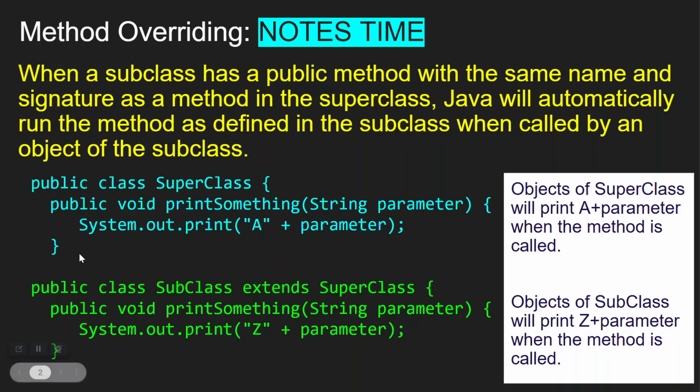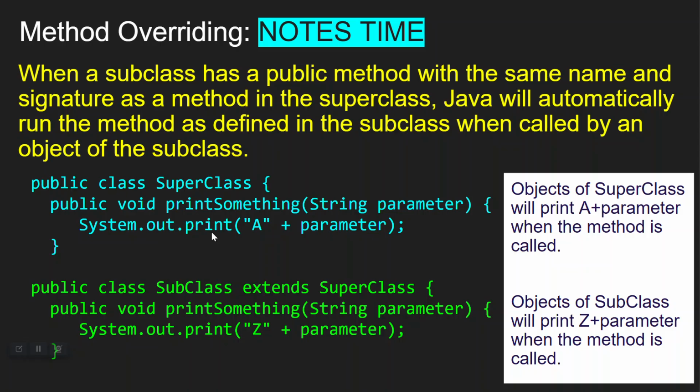Down here, public class subclass extends superclass, and again, we've got the same method, public void printSomething, string parameter. All right, so the same method name, the same signature, System.out.print z plus parameter. So if I create an object of the superclass and call printSomething with that object, it's going to print a plus the parameter.